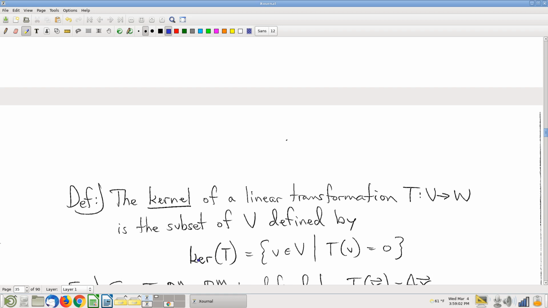So, for example, the kernel of a linear transformation is the set of vectors in the domain such that the image of that vector is 0. So it's exactly what it says it is. To say it a little more quickly, it's the collection of vectors in the domain that land on 0 as the output.